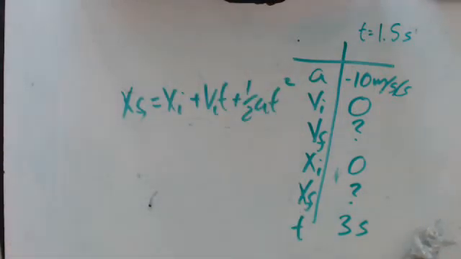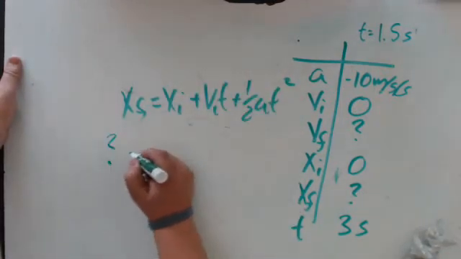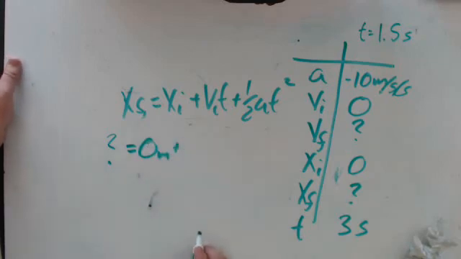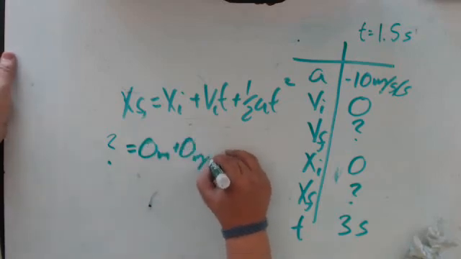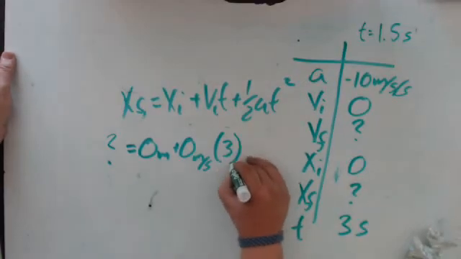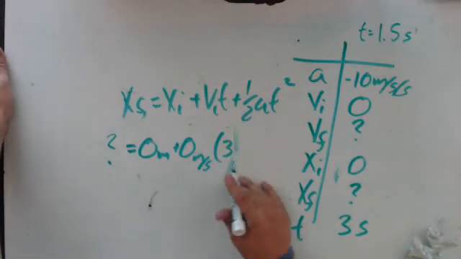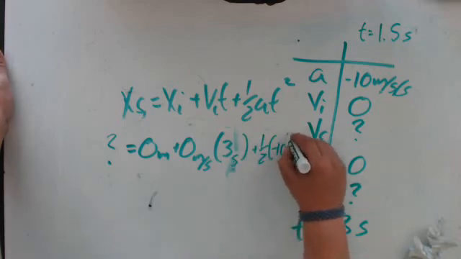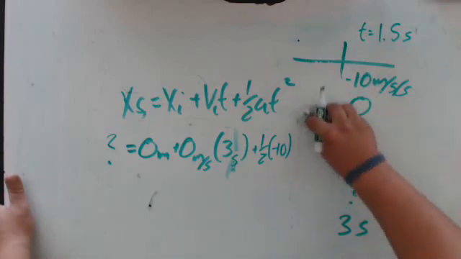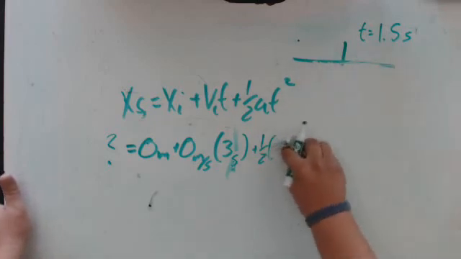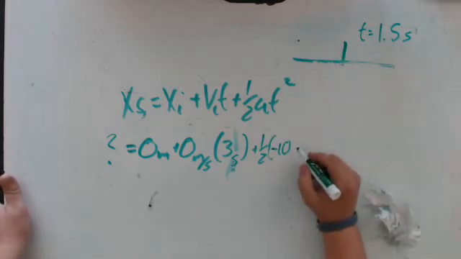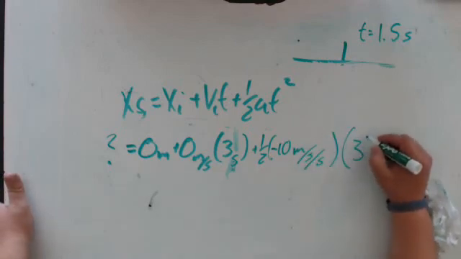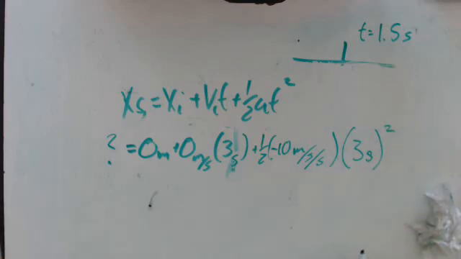So my final position is unknown. My initial position is 0 meters. My initial velocity is 0 meters per second times 3. Oh, look at that, I dropped my units. Plus 1/2 times negative 10 meters per second squared times 3 seconds squared.